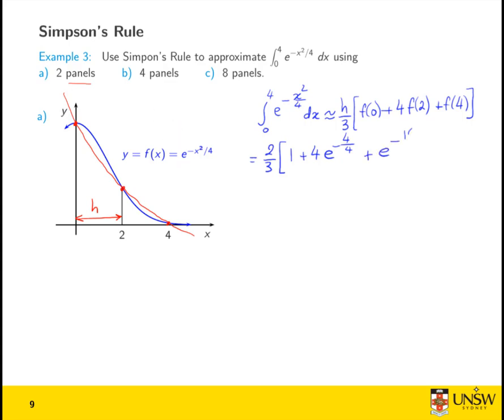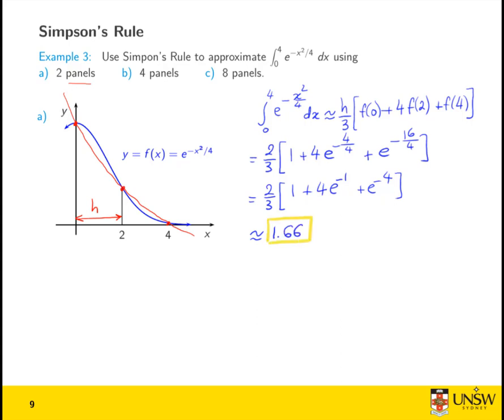I get minus 16 on 4, which means that by Simpson's rule, the area is 2/3 of 1 plus 4 times exponential of minus 1 plus exponential of negative 4. That's the area under the parabola, and it's close to the area under the curve. If I put this in my calculator, I get 1.66.